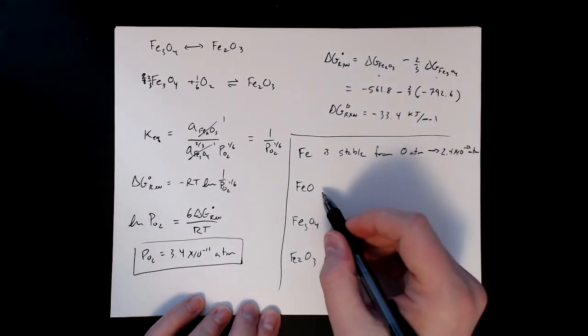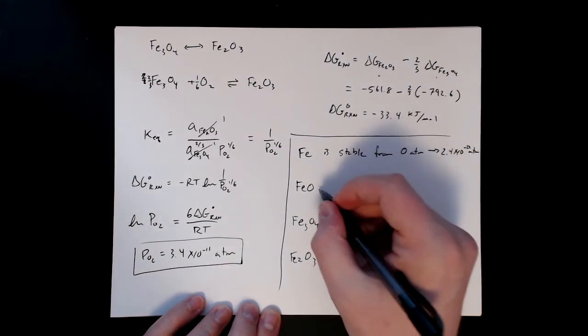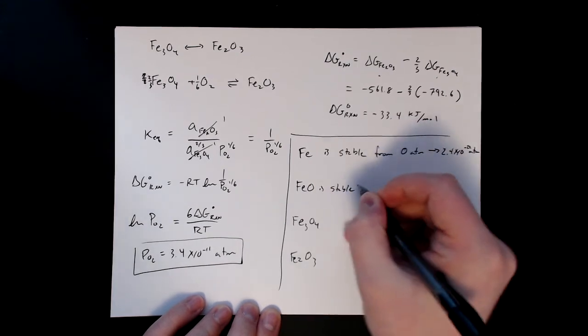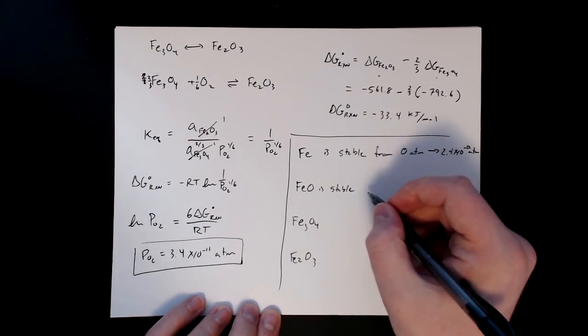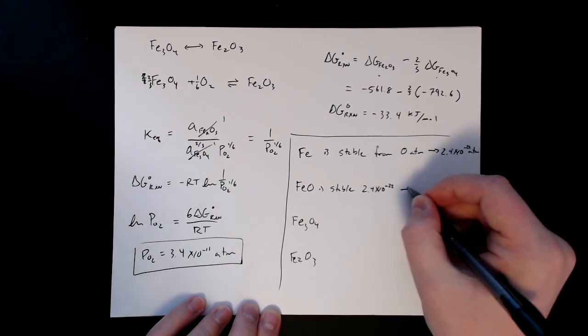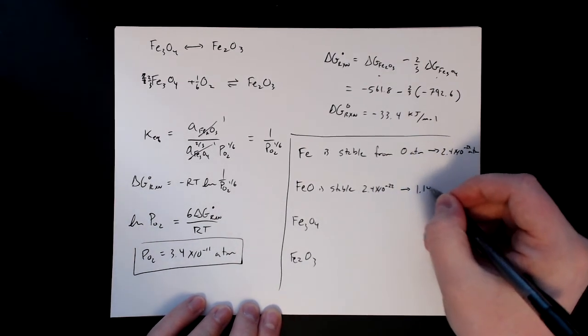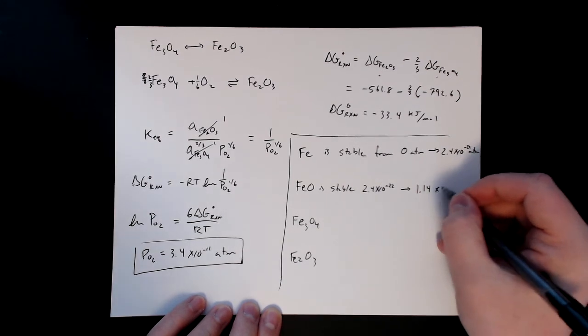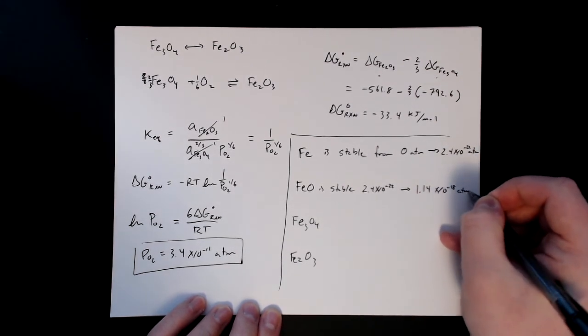And then FeO is stable from that number, 2.4 times 10 to the minus 22, up to the next number that we calculated, 1.14 times 10 to the minus 18 atmospheres.